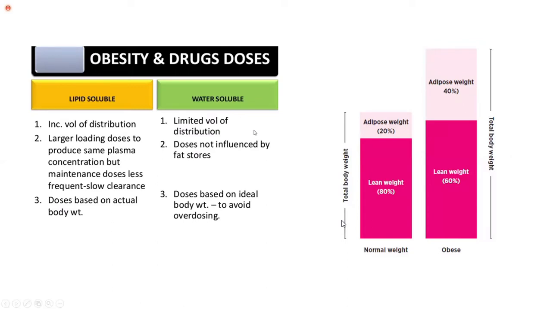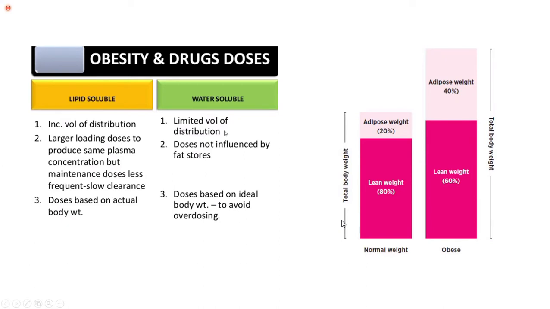Some drugs are lipid soluble, some drugs are water soluble. Because of the lipid soluble nature, there is an increase in volume of distribution in the obese patient because more lipid is there. Large loading doses are required to reach the plasma concentration, and so all the drugs which are lipid soluble should be dosed based on actual body weight. Whereas water soluble drugs have a limited volume of distribution.